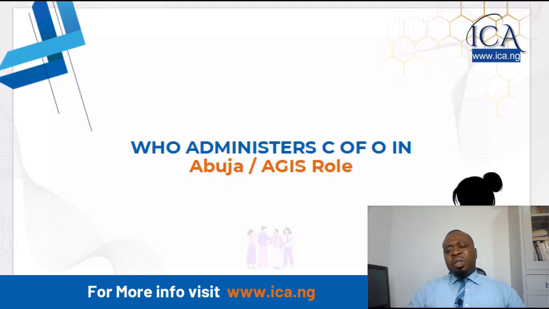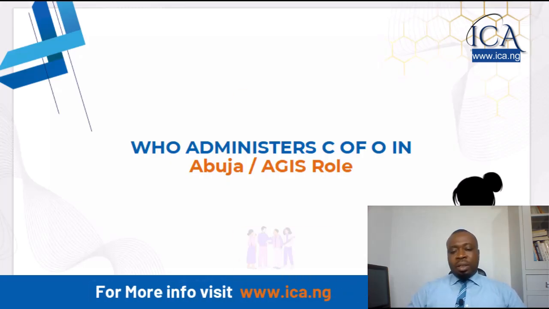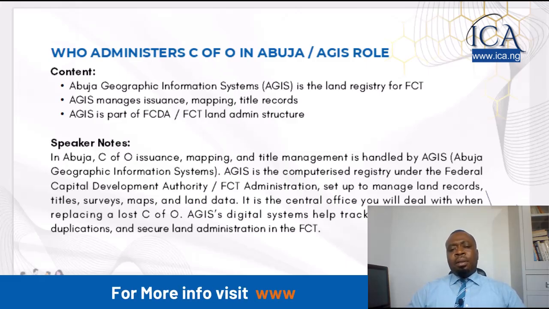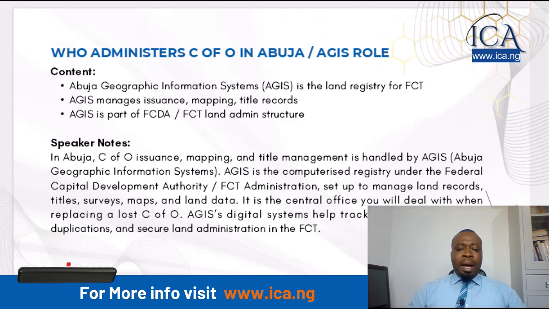Then the next issue that we have to address is who administers C of O in Abuja, and what is the role of AGIS when a C of O is declared to have been lost. In Abuja, C of O issuance, mapping, and title management is handled by AGIS, that is Abuja Geographic Information Systems.